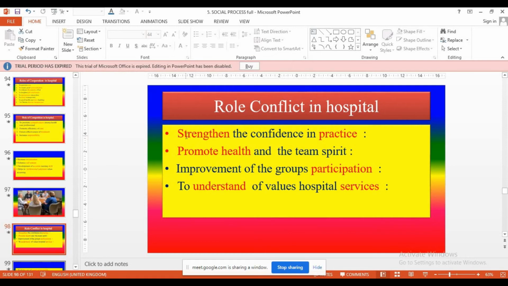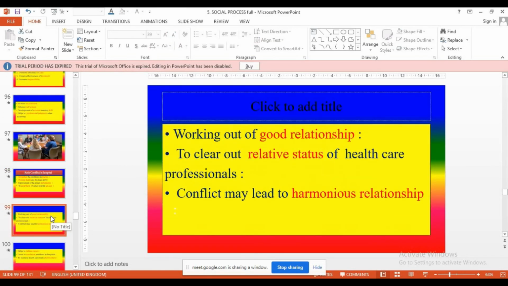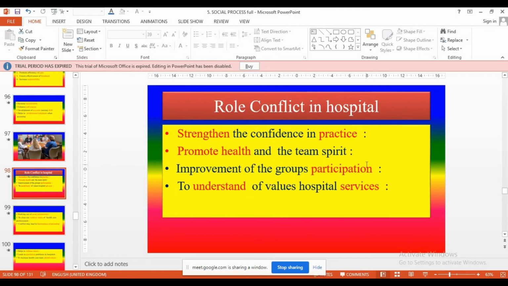Then, the role of conflict in hospital. First, strengthen confidence in practice. Already we have learned the bell curve.